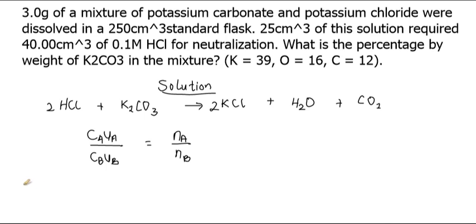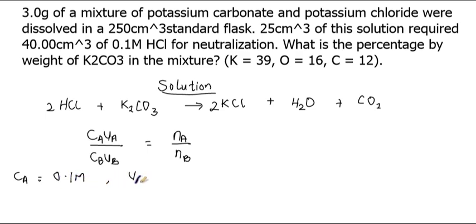So the next thing to do now is to write out the values given from the question. Let's start with the acid. Ca, the concentration of the acid. From the question, we are made to understand that the solution required 40 cm cube of 0.1 molar hydrogen chloride. So the concentration of the acid is 0.1 molar. So we have Ca to be 0.1 molar.